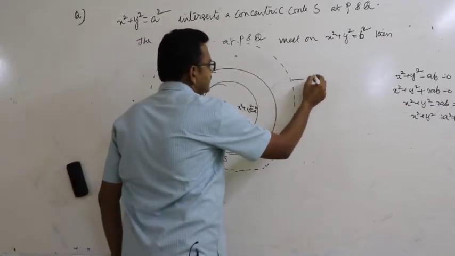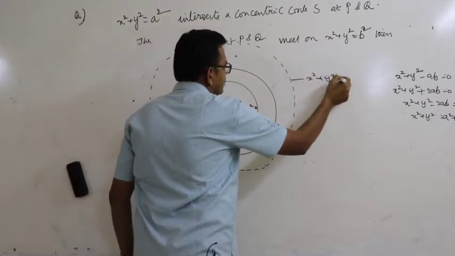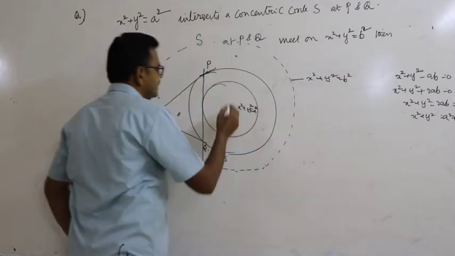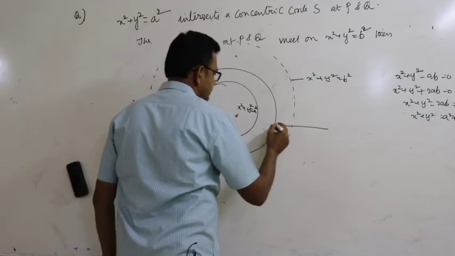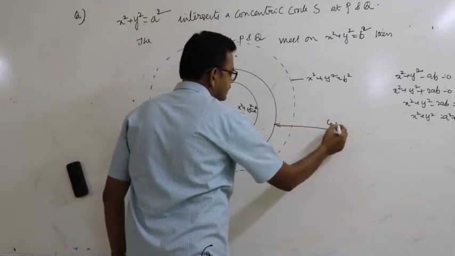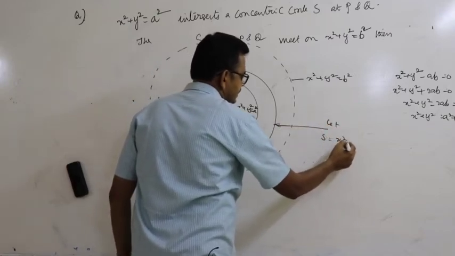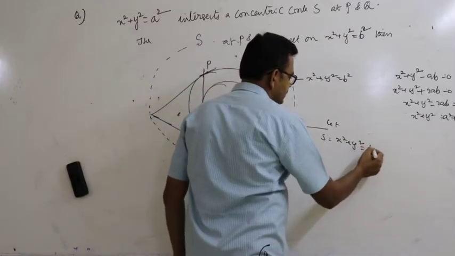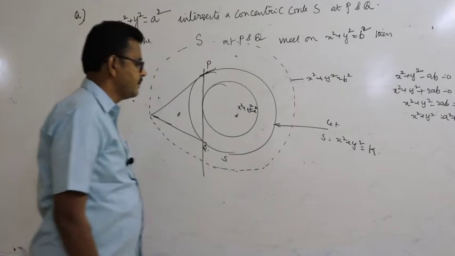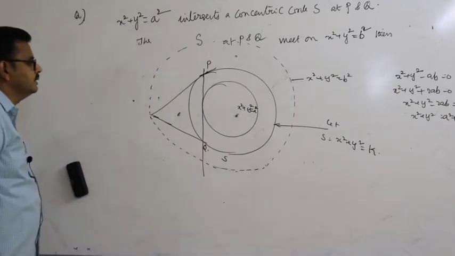Let this circle be S. Let S be x square plus y square equal to k. That is a concentric circle, x square plus y square equal to k.